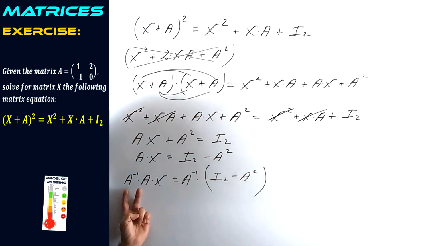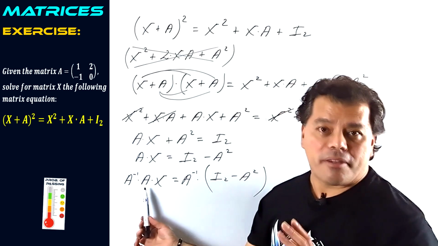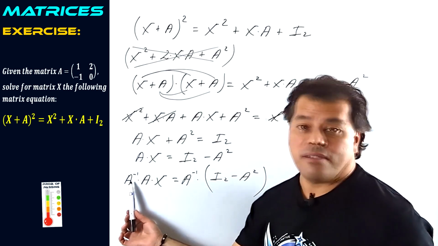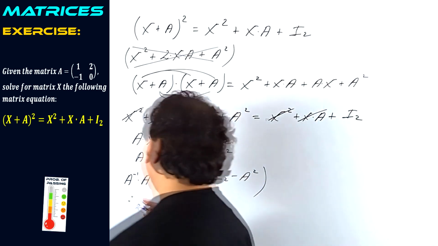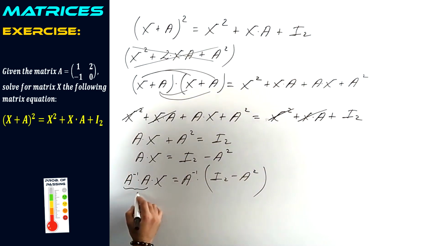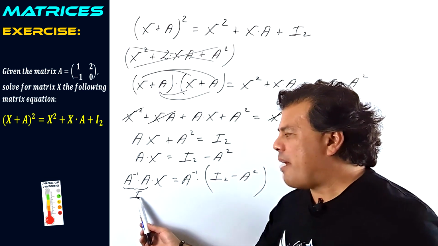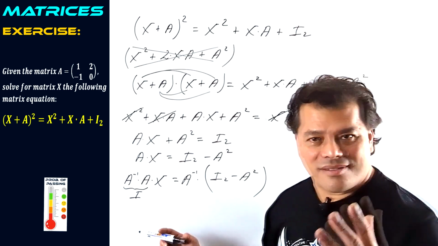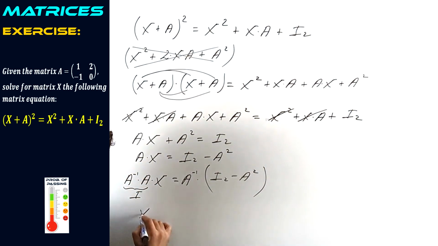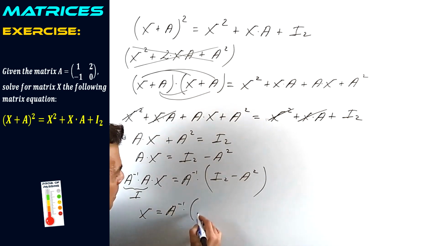And why did we do that? Because do you know that a matrix multiplying by its inverse is equal to the identity matrix? This is the identity matrix. And the identity matrix multiplying X is X, okay? And there you have the solution for our matrix.